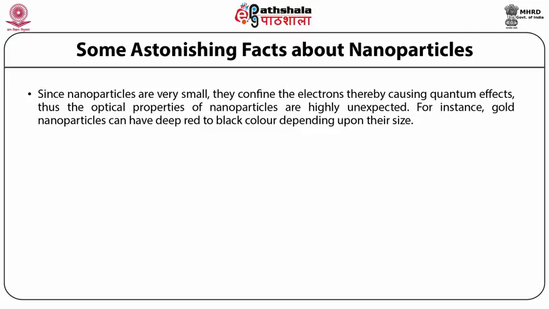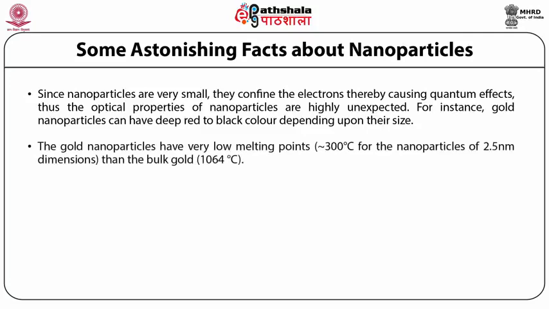For instance, gold nanoparticles can have deep red to black color depending upon their size. The gold nanoparticles have very low melting points, about 300 degrees centigrade for nanoparticles of 2.5 nanometer dimensions, compared to bulk gold, which melts at 1064 degrees centigrade.